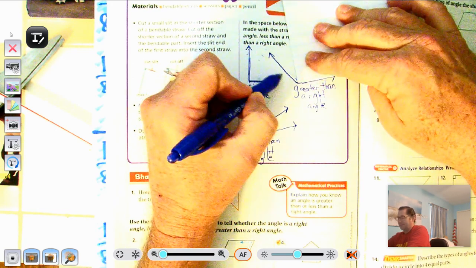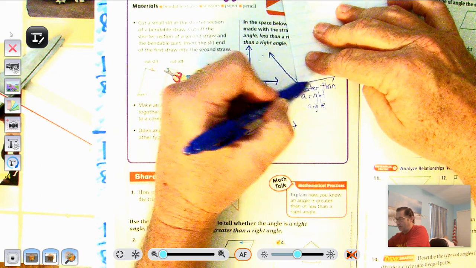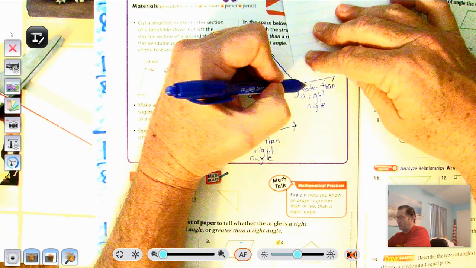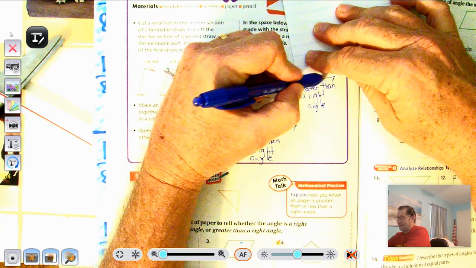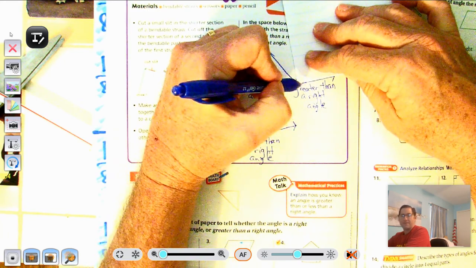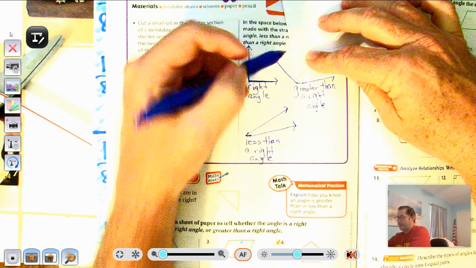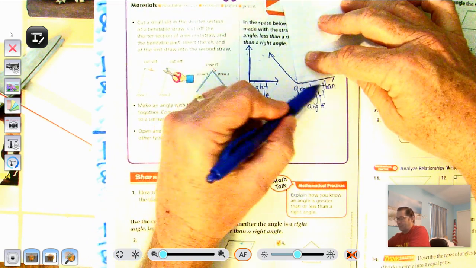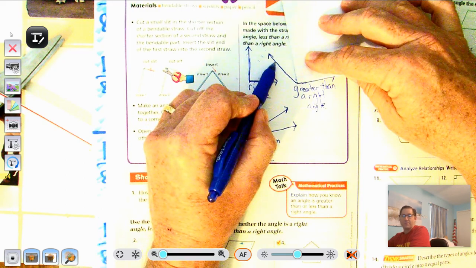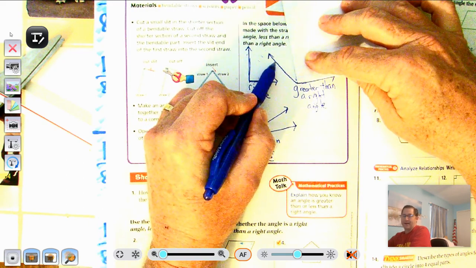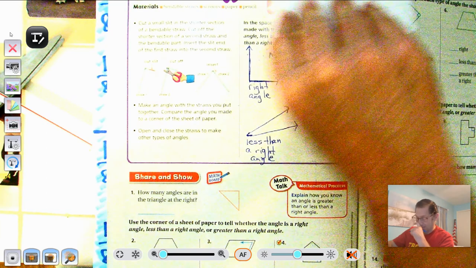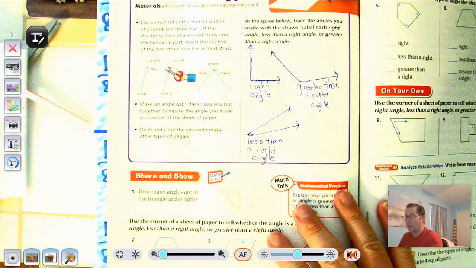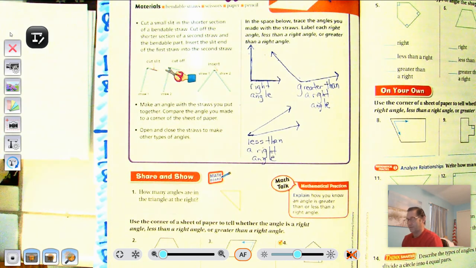So if I can see both rays right up against the paper, right angle. If I can only see the edge of the angle that I put my paper on, less than a right angle. If I can see both rays, but they're not lined up with the paper and one is off of the paper, greater than a right angle. Okay, so that's how we can use a piece of paper or a corner of a piece of paper to also use for measuring angles.